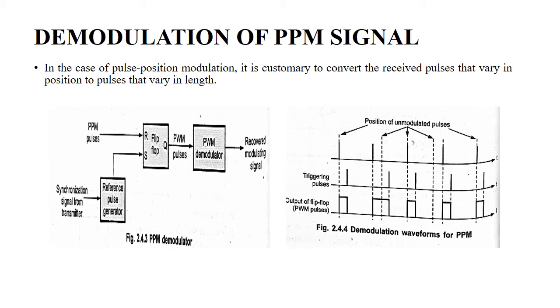The flip-flop circuit is reset, or turned off, at the leading edge of the position modulated pulse. This repeats and we get the PWM pulses at the output of the flip-flop. The PWM pulses are then demodulated by a PWM demodulator to get the original modulating signal.